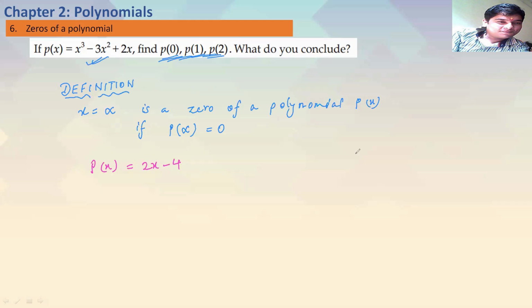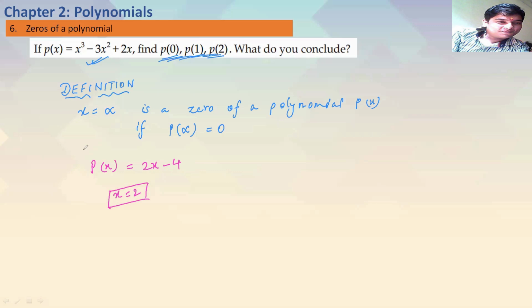What do you think will be the zero of this? 4 by 2, 2? Yes, that's trial and error. x is equal to 2 definitely will be the zero of this polynomial.